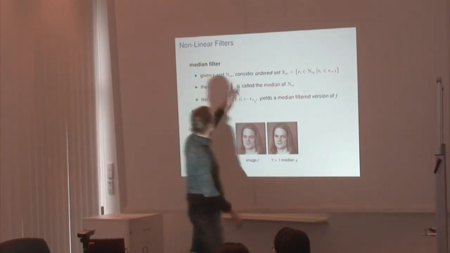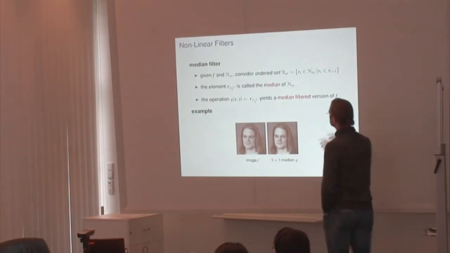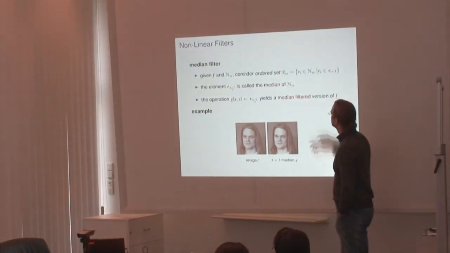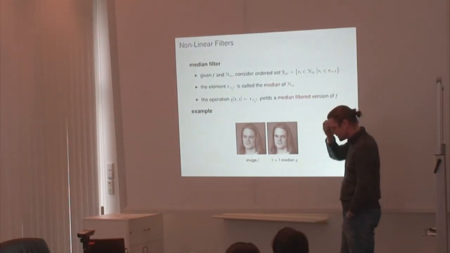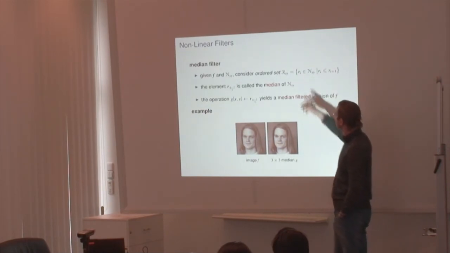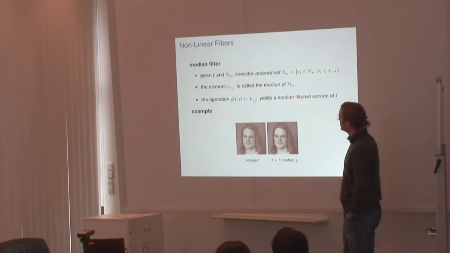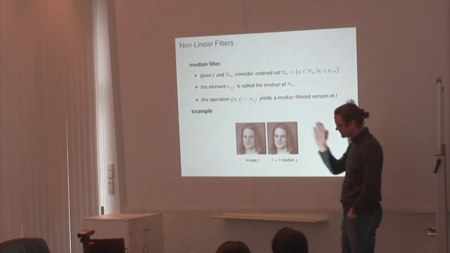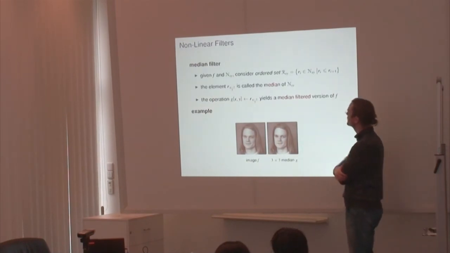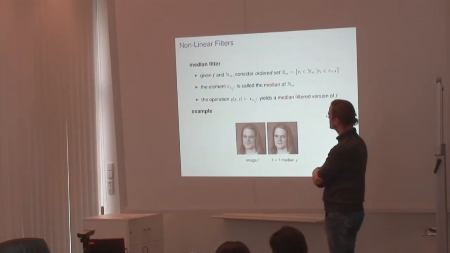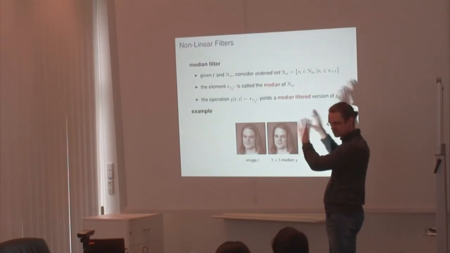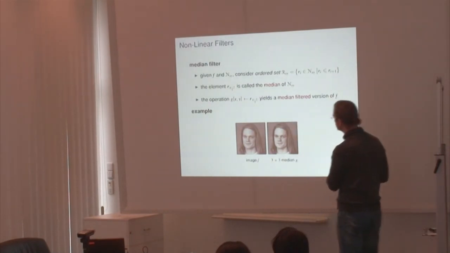So given nxy, we turn it into a set rxy, which is just all the values in nxy, but now ordered. It's an ordered set. And the element right in the middle of this ordered list of pixel values is called the median. Of course, this does not only hold for image processing.